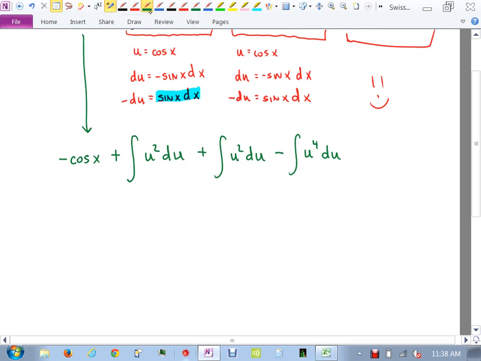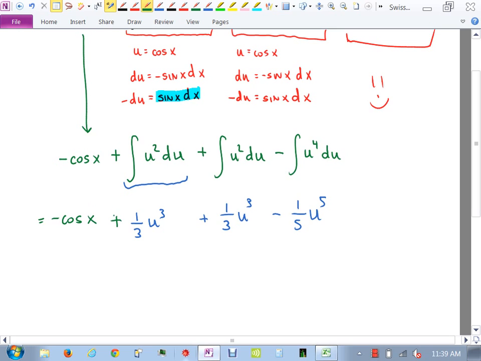All right, let's get some answers here. What's the antiderivative of u squared? 1/3 u cubed. This one, same thing, 1/3 u cubed. This one, 1/5 u to the fifth. Out front, we have the minus cosine x plus all that.